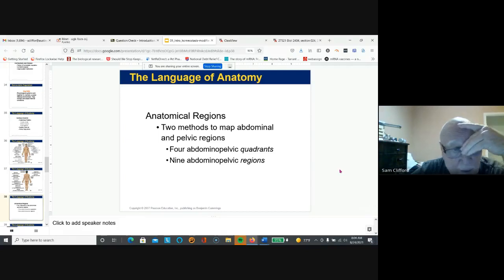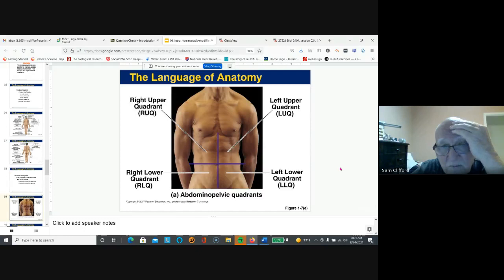So what are anatomical regions? There's four quadrants. Draw a line from your sternum to your belly button, and then draw a horizontal line through your belly button, and these are the four quadrants.